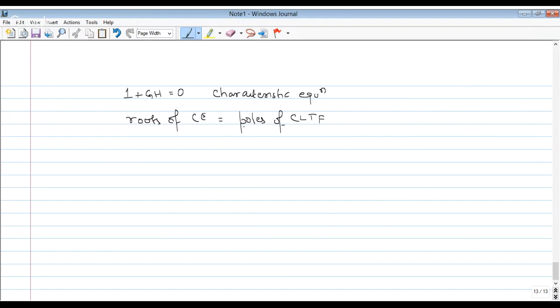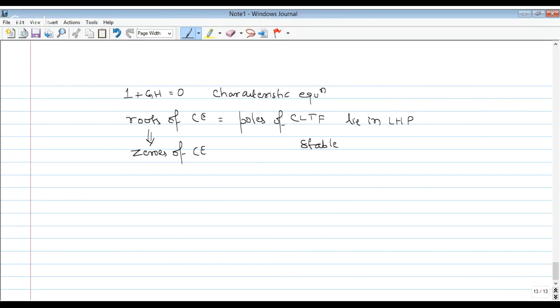If these poles of closed loop transfer function lie in LHP, system must be stable. Characteristic equation can also be called as zeros of characteristic equation. So zeros of characteristic equation must lie in the left half plane for closed loop stability, because zeros of characteristic equation or roots of characteristic equation are the closed loop poles.